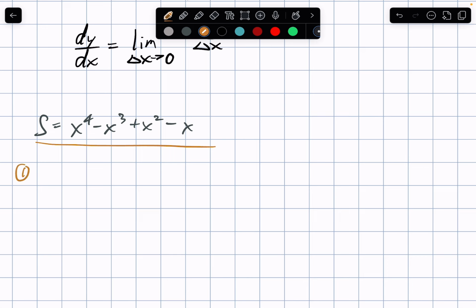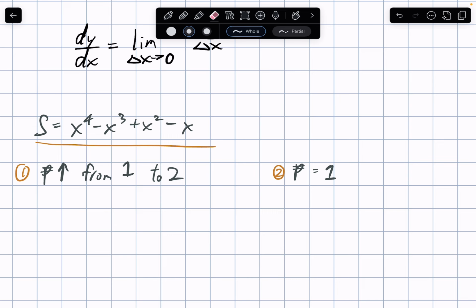So there are two scenarios. First, when the price increases from 1 peso to 2 pesos. And for the second scenario, when the price is 1 peso. So how do we solve? How do we look for the rate of change of the supply per peso change in the price?